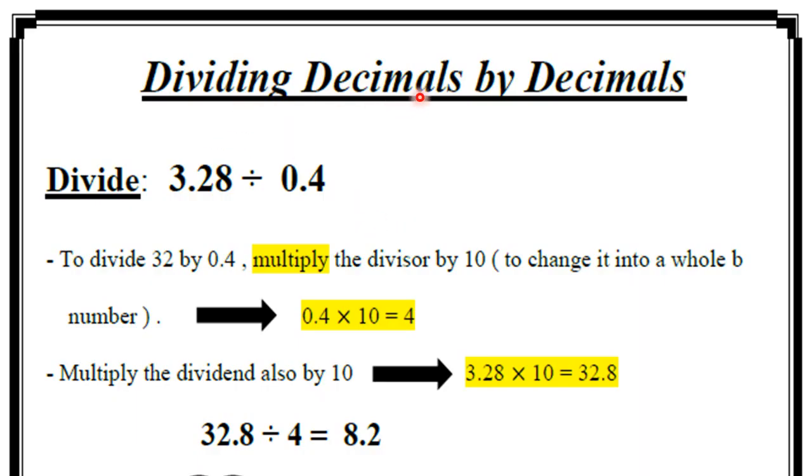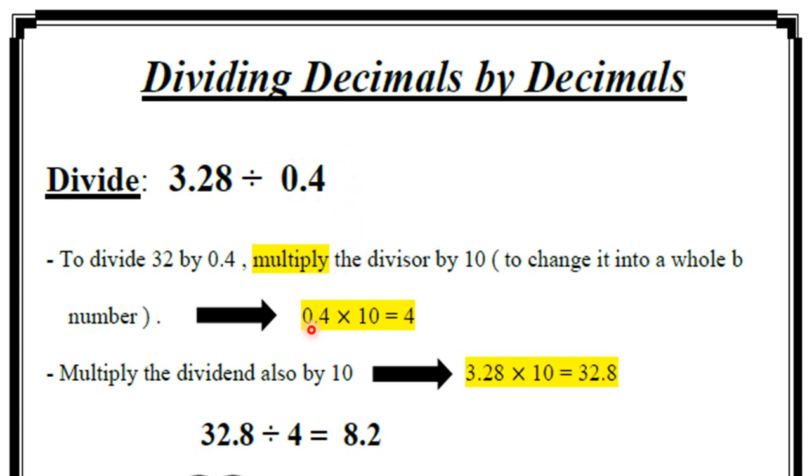So in dividing decimals by decimals, like in this question, 3.28 divided by 0.4. As we said before, to divide 32.8 divided by 0.4, here we need to multiply the divisor by 10, because we said before, we can solve the question only when the divisor is not a decimal number.